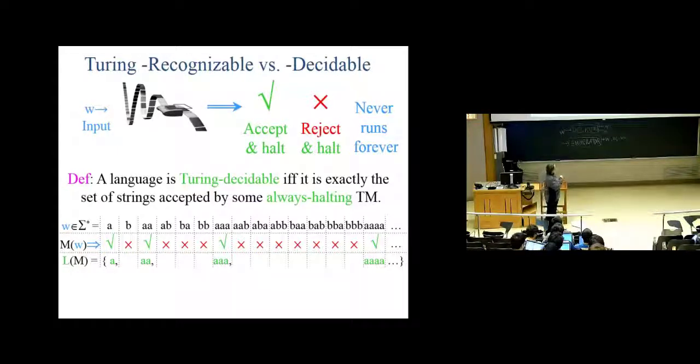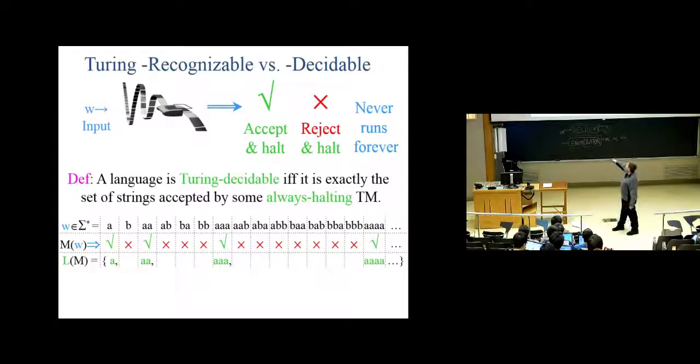So for all these other strings enumerated on the second row, where all the red X's are, it rejects them. It still explicitly halts, but says, no, I reject that string. So it always halts, but says yes and yes and yes for the green check marks, and says no for all the red X's for these corresponding strings up here for sigma star.